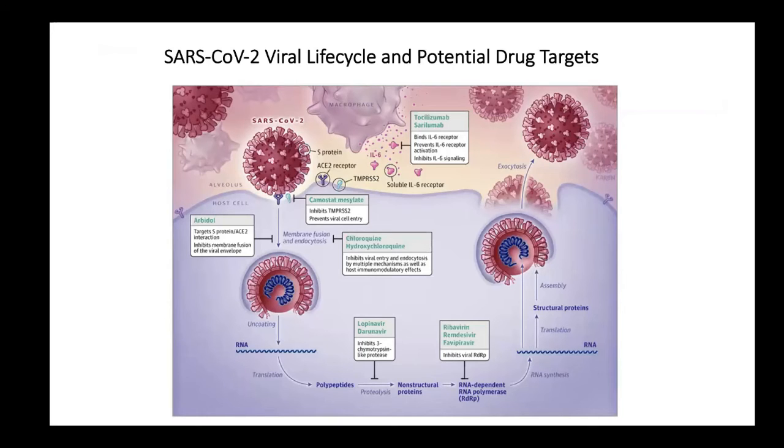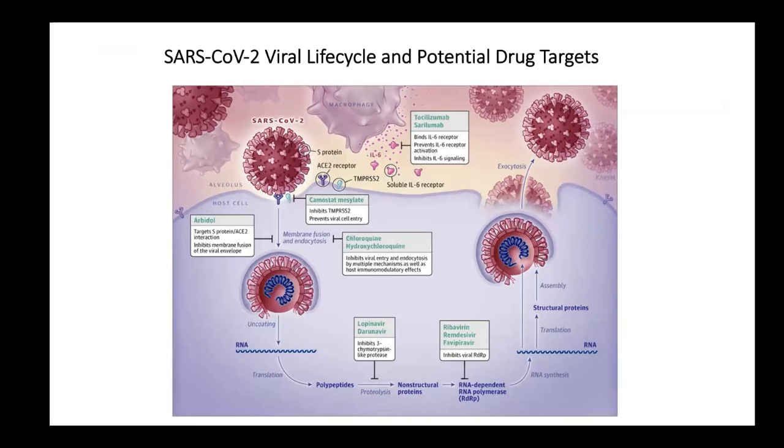So if you remember this slide with the virus entering the cell, you can try to inhibit this at different parts. You can inhibit the protease when it enters the cell with this drug called Camostat that's being tested in Denmark in a randomized trial there.